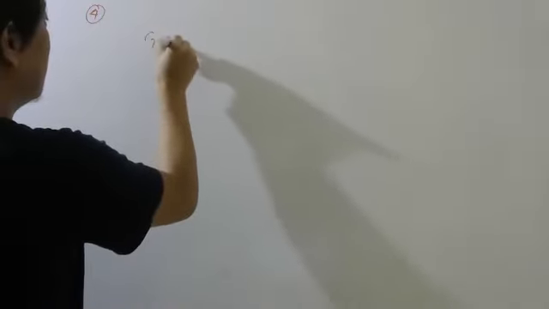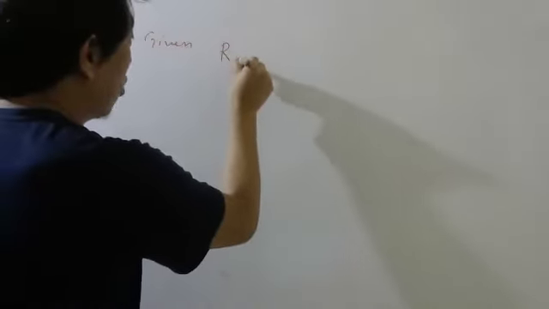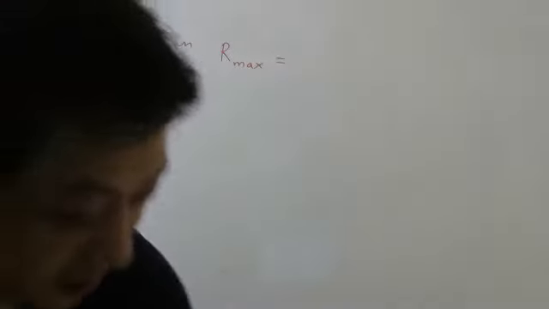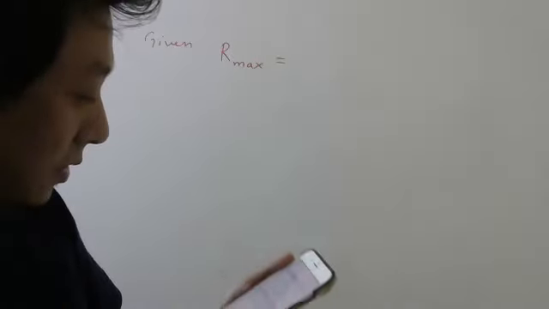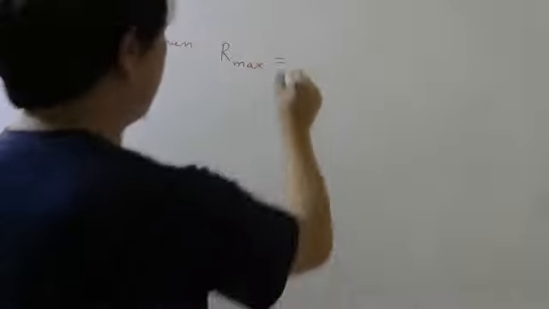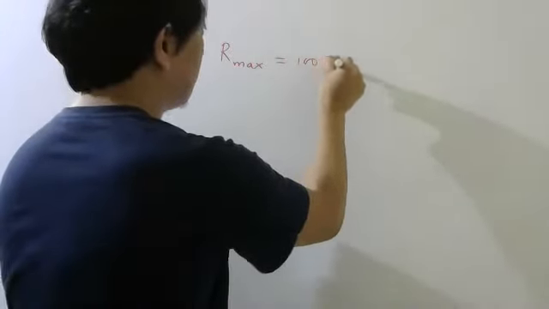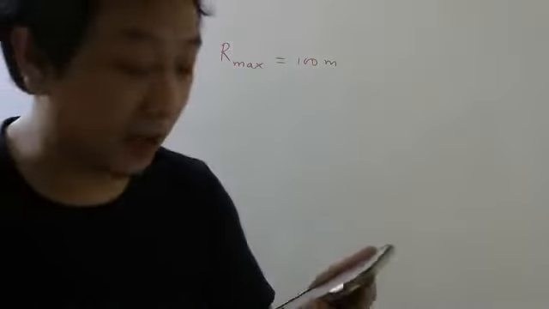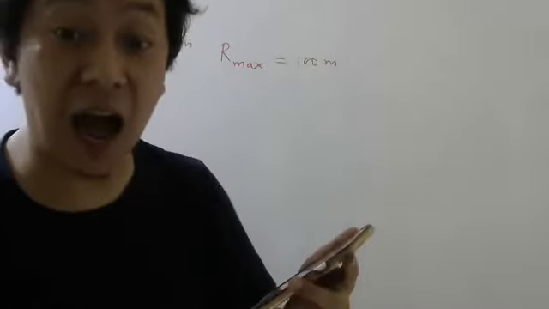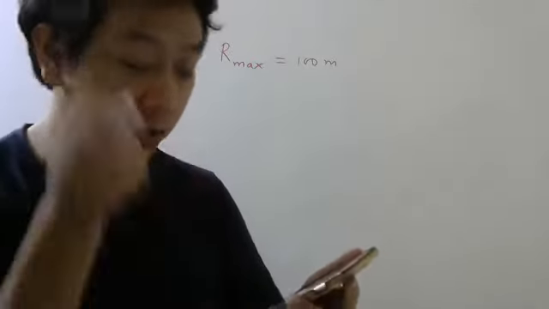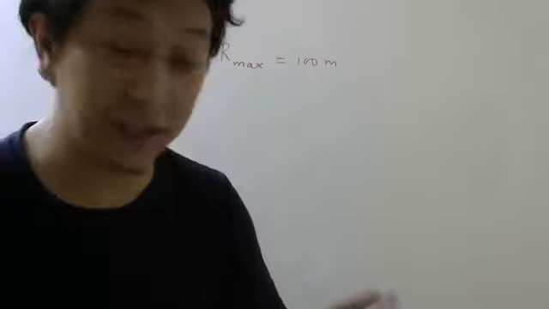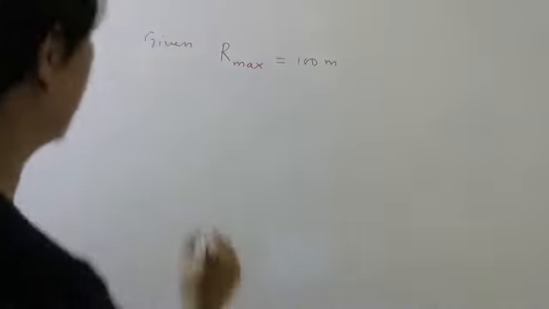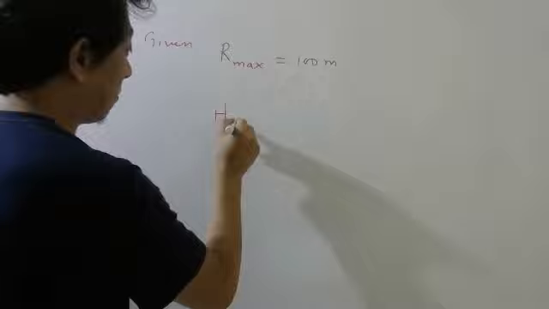So part 4. Given maximum horizontal distance is 100 meter. Question is, how much high above the ground can he throw the same ball? So they want you to calculate maximum height.